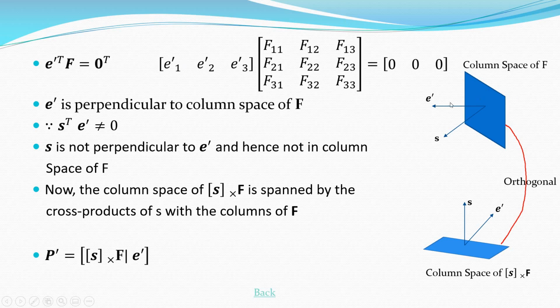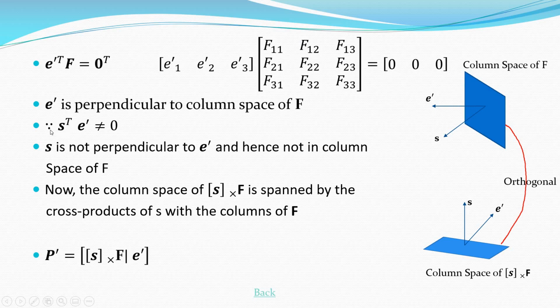That means E lies perpendicular to the column space of F, because the column space of F is nothing but the space spanned by the column vectors of F. Since all the dot products are 0, E is perpendicular to the column space of F.